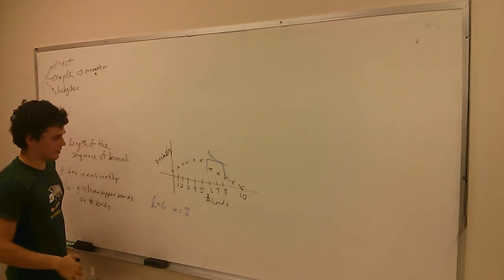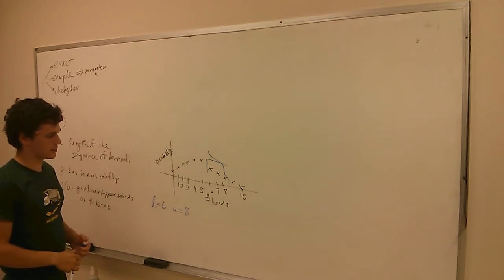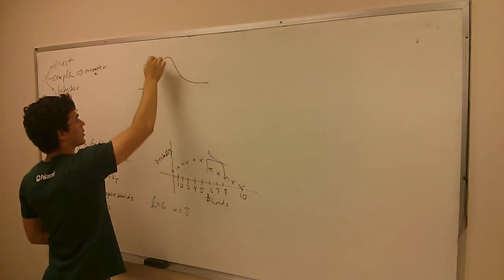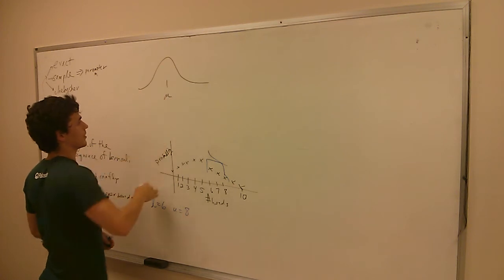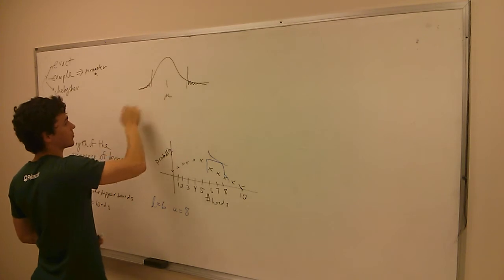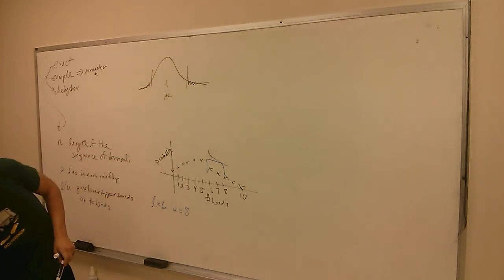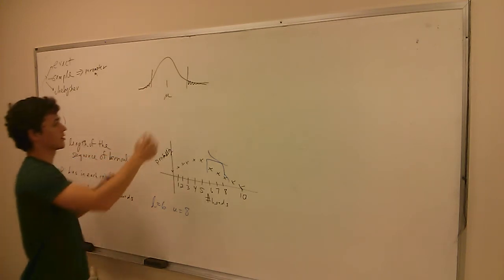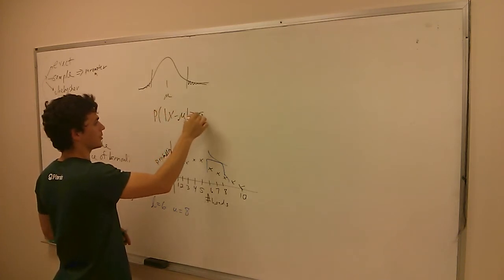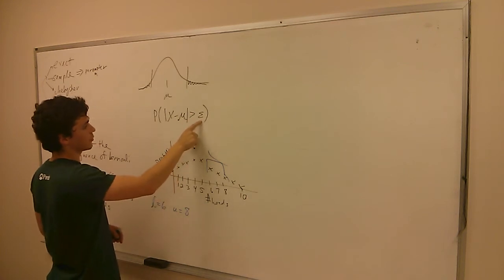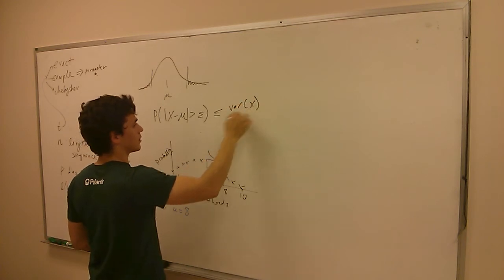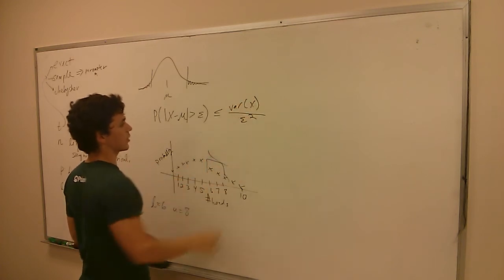Chebyshev is one of a number of tail inequalities. Tail inequalities tell you, if we have some distribution, let's say the mean is here, that the probability that you're far from the mean is low. In this case, Chebyshev tells you the probability that you're epsilon away from the mean is at most the variance divided by epsilon squared.